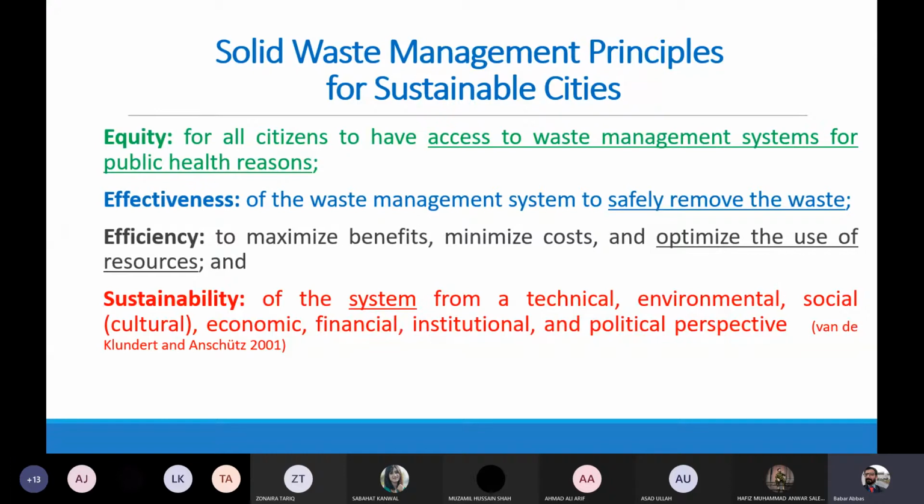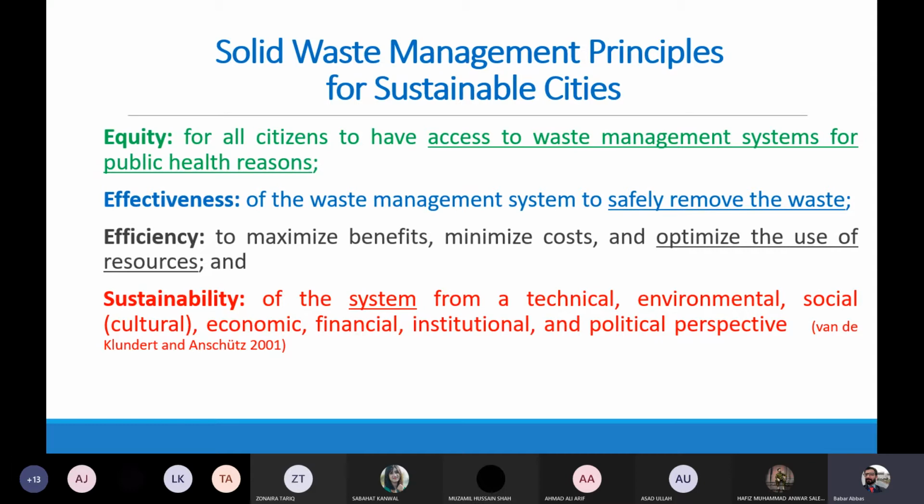Then comes the social or the cultural setup, in which you have to look at health and safety again, as well as the aesthetics of the city, as well as the resolution of complaints by the citizens, and making them satisfied with the operations and the effectiveness of the system.